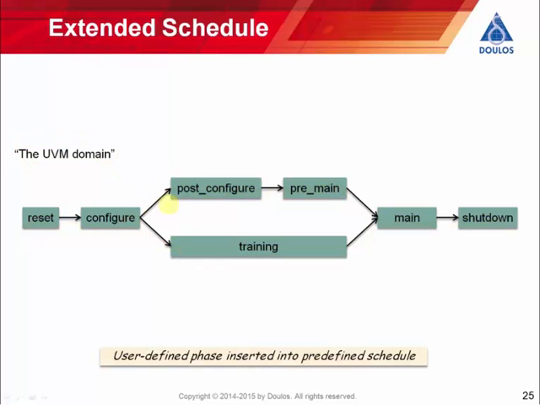So that means that training is synchronized with the beginning of post configure and with the end of pre-main. So here significantly, we've inserted a user-defined phase into the predefined schedule. So all components in the UVM domain, that's all components by default, are now going to see this training phase inserted.